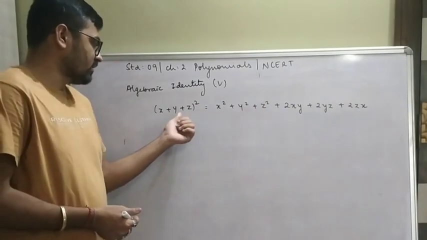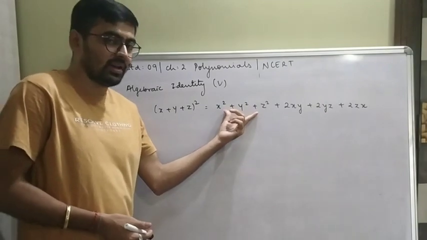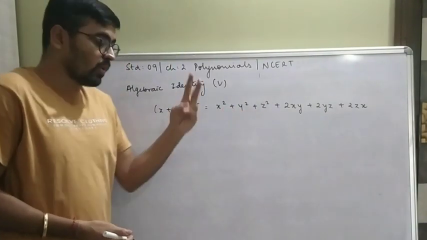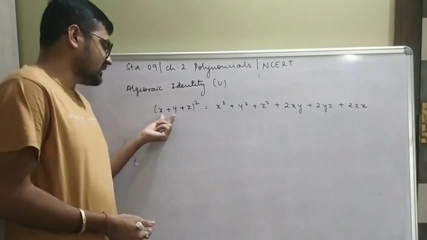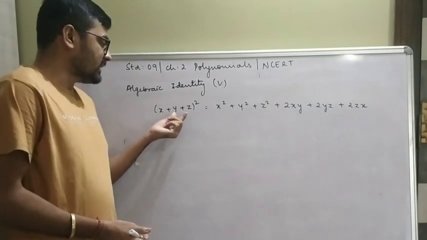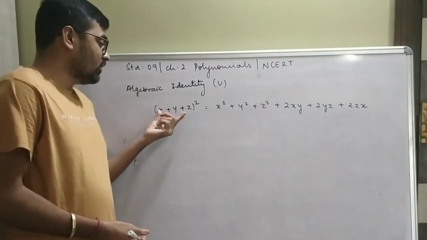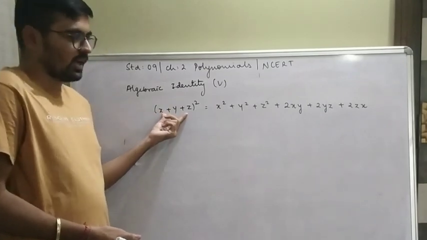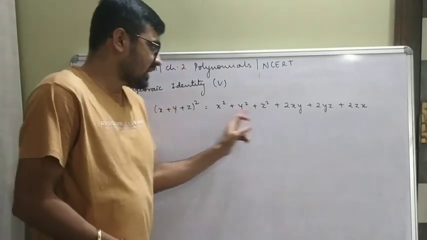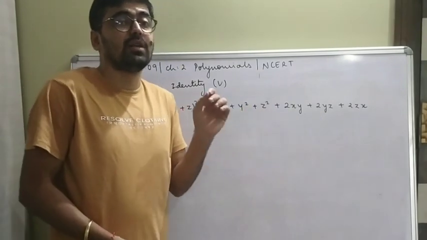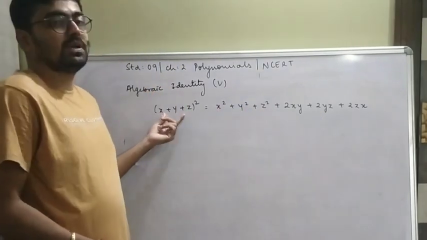So x square, y square, z square, all of them are in addition, plus twice the product of two terms at a time, that means x and y, then twice y and z, and then twice x and z, and their sum. Correct? You can call this right hand side its expanded form of x plus y plus z whole square.